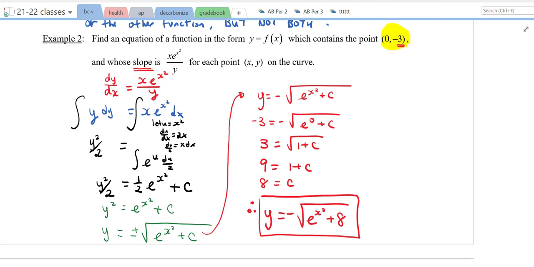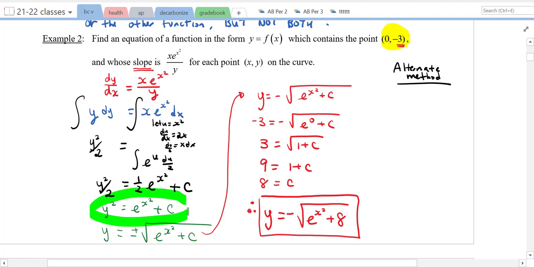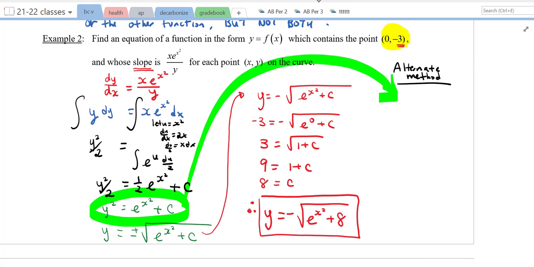But as an alternate method, I could have plugged in the point first. Shocking, eh? So I could have just taken this step here, and without doing all the rest, I could have just said, let's plug in the point first.